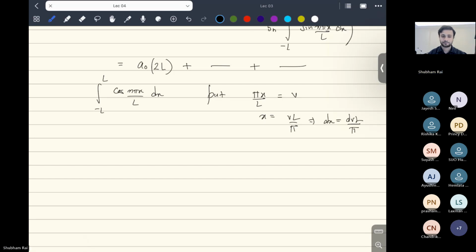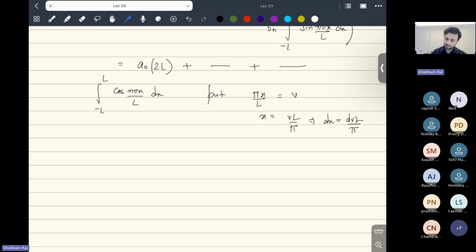Now let's put this in, and the limits also will change. Whenever x is minus L, what will be V? So V will be minus pi, right?